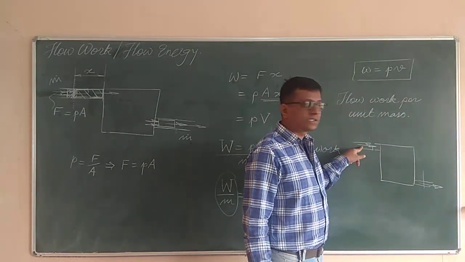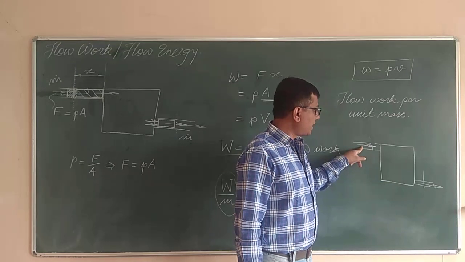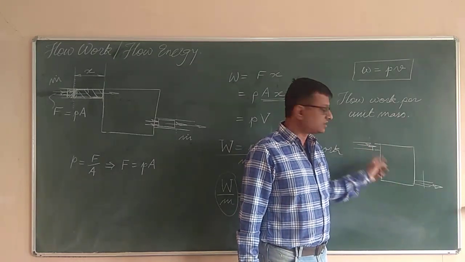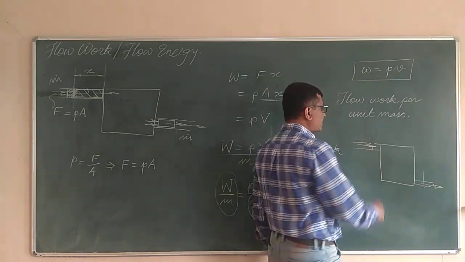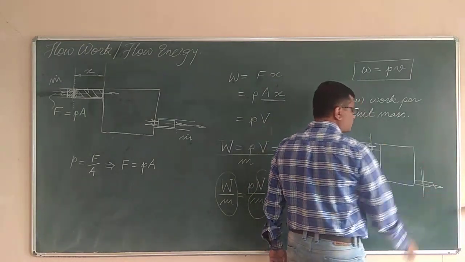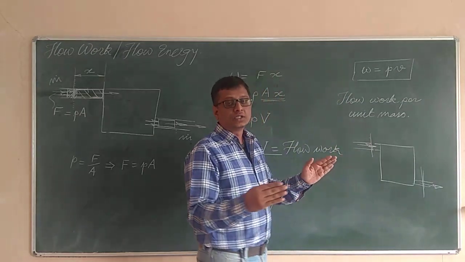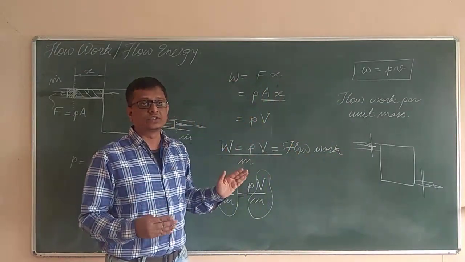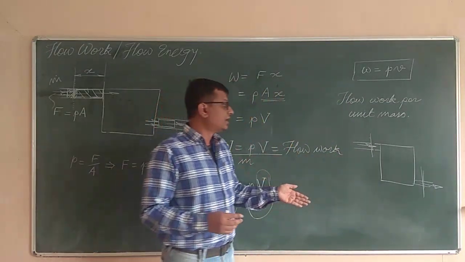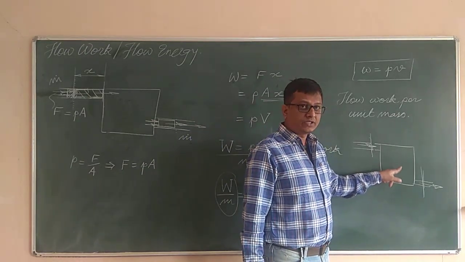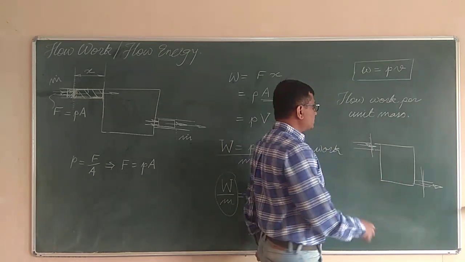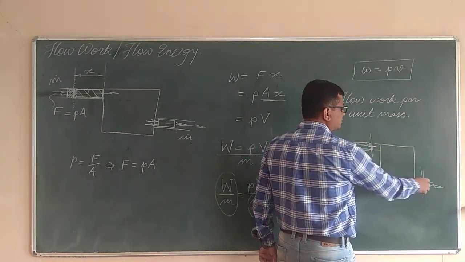So there will exist flow work, and obviously this system will be an open system, since mass is crossing the boundary here as well as over here. But the moment I cut down this supply and this supply also, so as to restrict the flow of working substance into or out of the system, this system will become a closed system. And then there will not be any flow work.